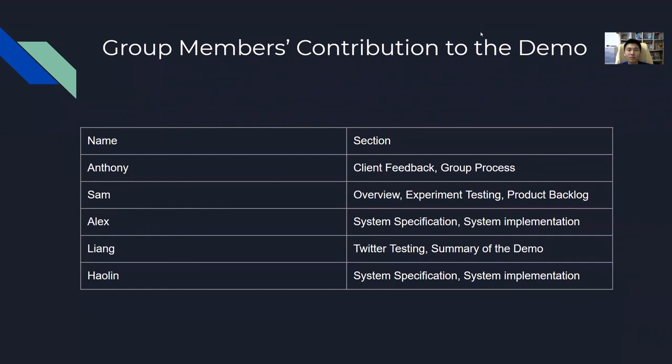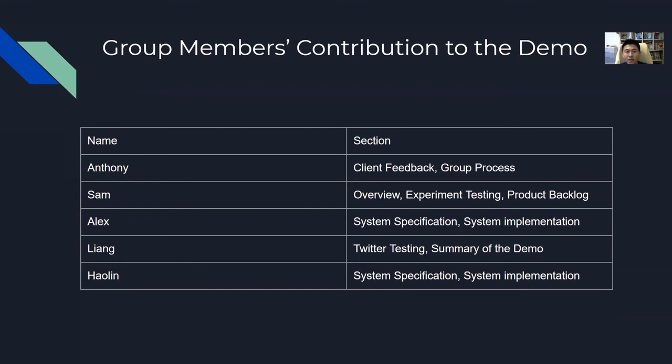Let me make a summary of our group members' contribution to the demo. Anthony demonstrates how we deal with the client feedback, and he also shows the whole group process. Sam does the overview part, and he also shows the testing for the experiment part and the product backlog of our project.